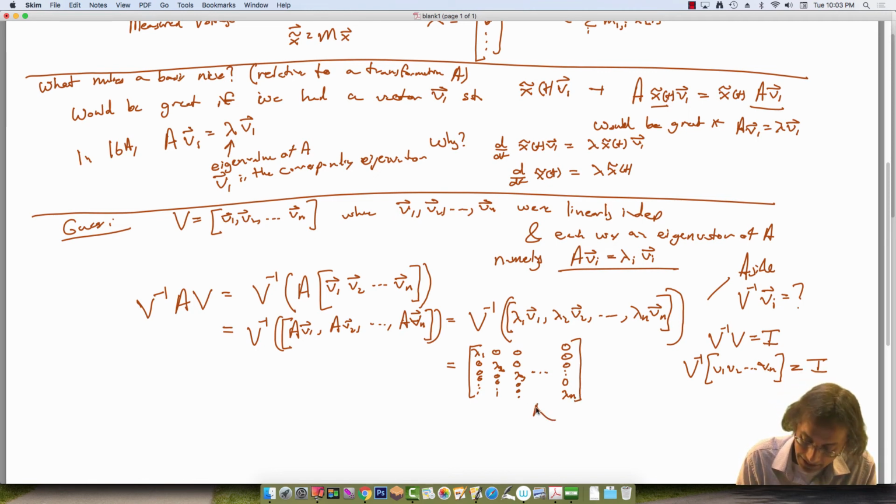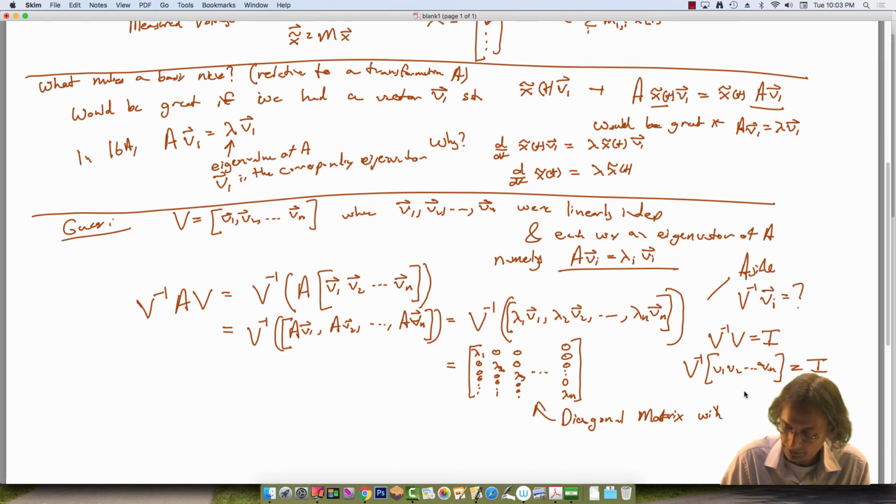So this is a diagonal matrix with the eigenvalues on the diagonal.